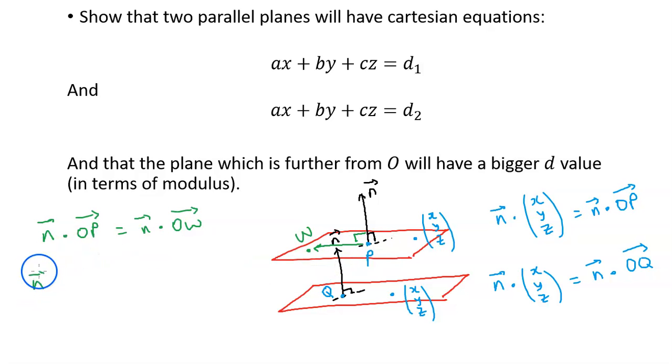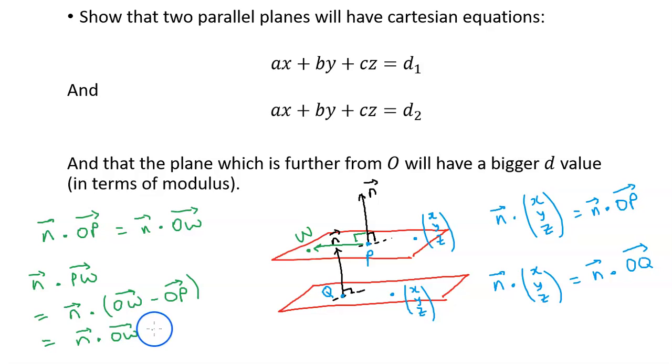And so we have n dotted with PW is equal to n dotted with OW minus OP. And we know that's equal to n dotted with OW minus n dotted with OP, and that has to equal 0 because n dot PW is 0, and so therefore n dot OP is equal to n dot OW. So it doesn't actually matter what point in the plane we choose to do this calculation.